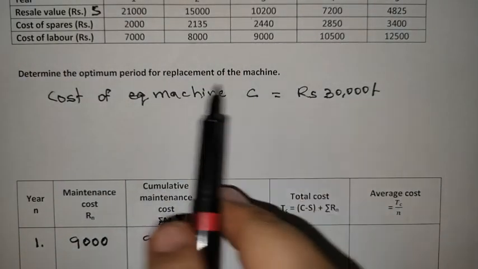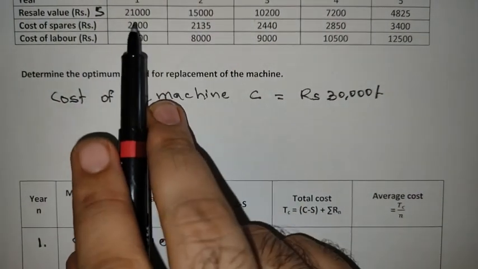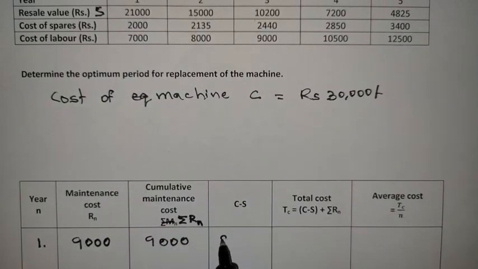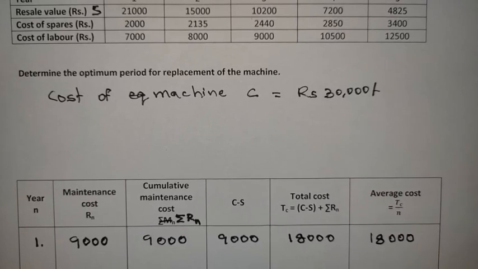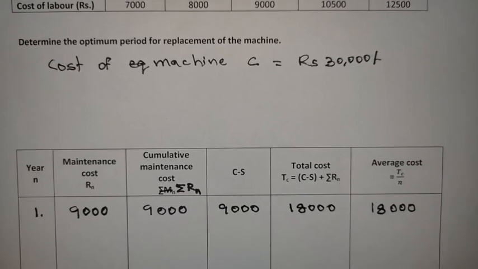So 30,000 minus 21,000, we get 9,000. So total cost 9,000 plus 9,000, 18,000. Average cost is total cost by n, n is 1, so 18,000 by 1 we get 18,000.